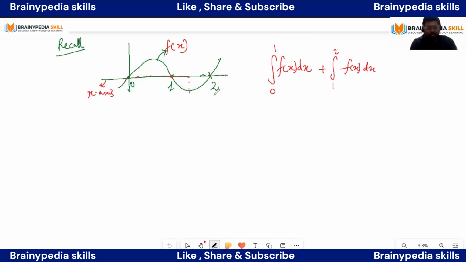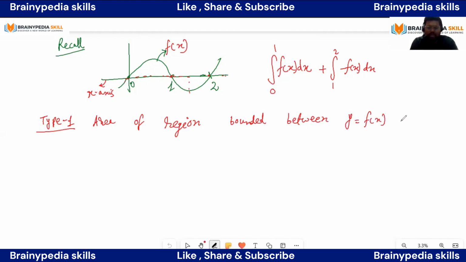Now you need to observe something here, a geometrical interpretation of definite integral. We are going to learn it type-wise. Type 1: the area of the region bounded between y equals f of x and y equals g of x.